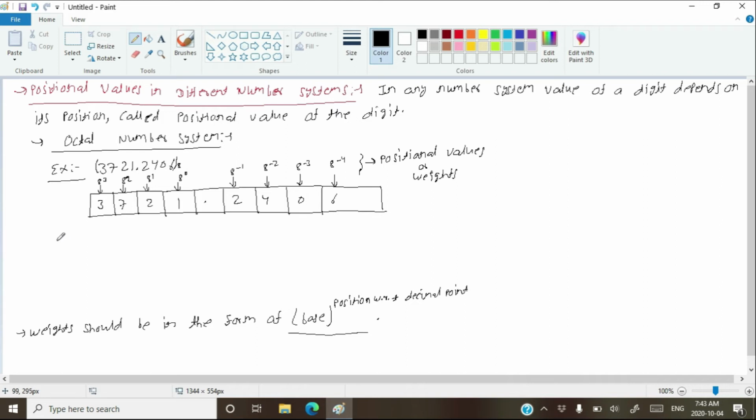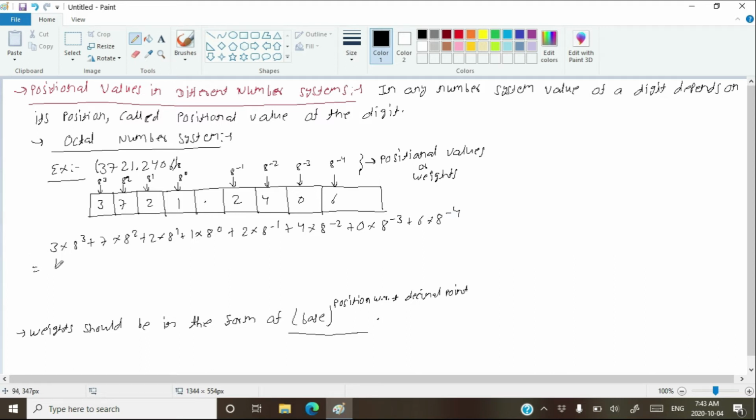So let's multiply all the digits of this number with their positional values and add them. Plus 2 into 8 to the power minus 1 plus 4 into 8 to the power minus 2 plus 0 into 8 to the power minus 3 plus 6 into 8 to the power minus 4.